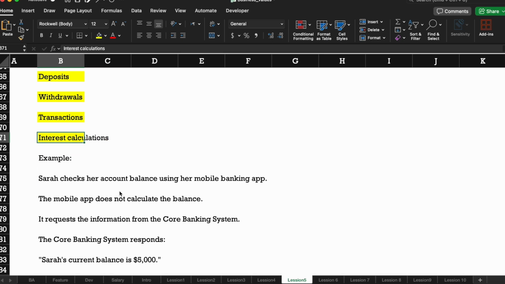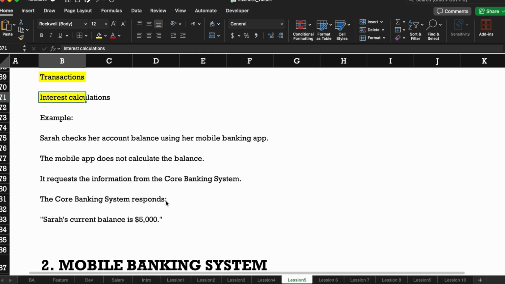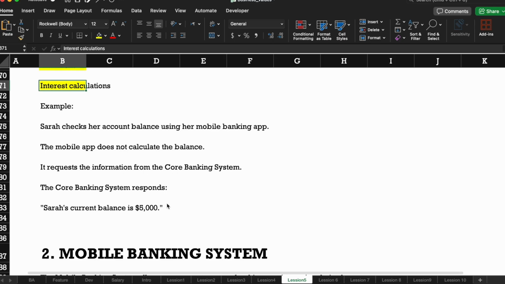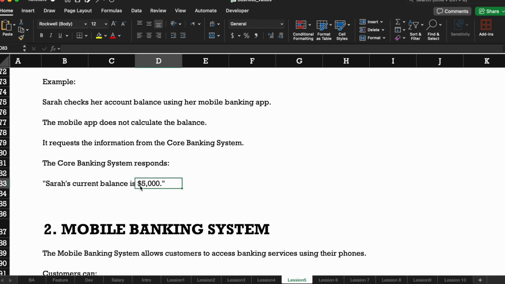Example, Sarah checks her account balance using her mobile banking app. The mobile app does not calculate the balance, it only displays it. But where does this balance come from? Let's understand. It requests the information from the core banking system.